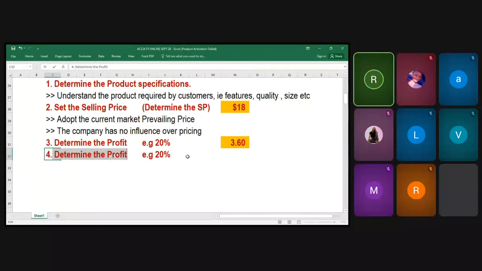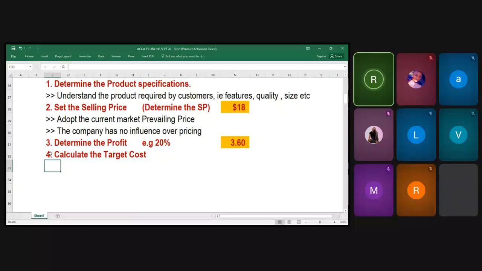What does that mean? From the word target, this is a cost that we target to produce at. Step number 4, calculate the target cost.